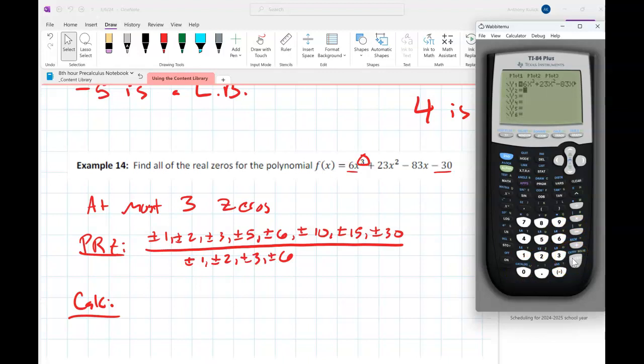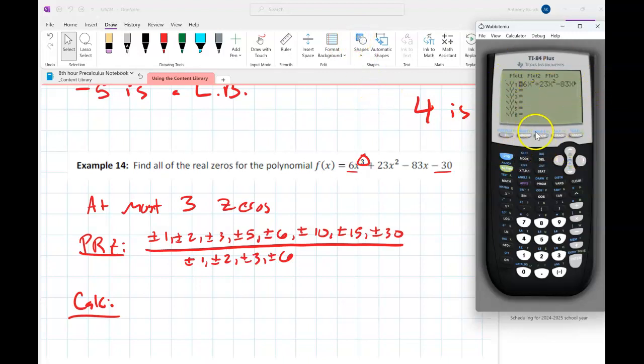It should go without saying, but it's super important you're able to type your equation in correctly, because we're about to look at the graph and make decisions based on the graph. If you make a typo here, all your decisions based on said graph are going to be wrong because you're looking at the wrong graph. If things don't make sense, what's the first thing you should check? Make sure you typed in the polynomial correctly, because if you screw that up, nothing's going to make a lot of sense afterwards.